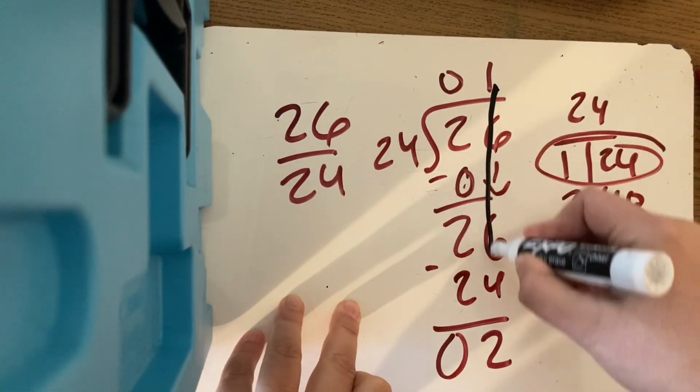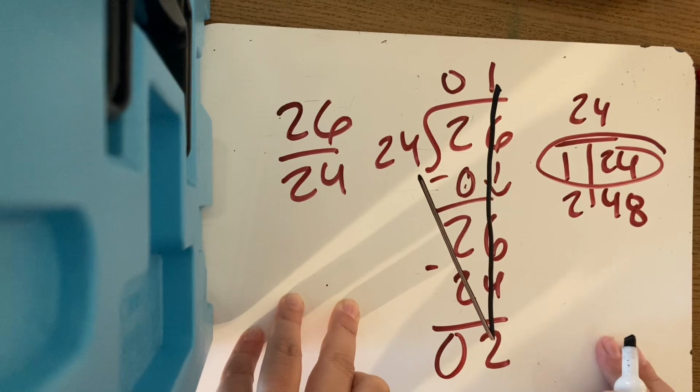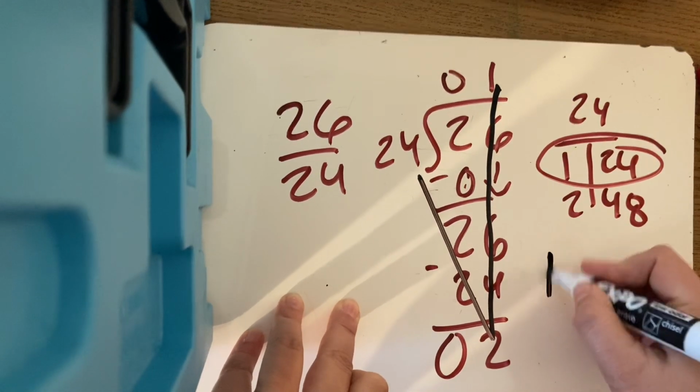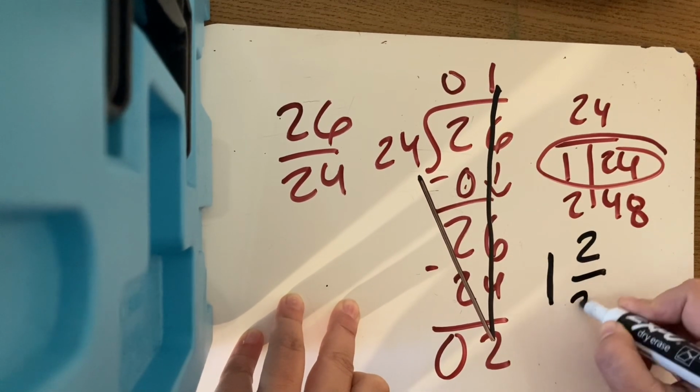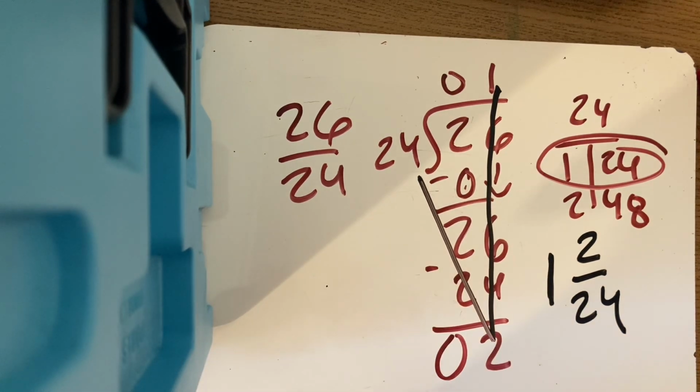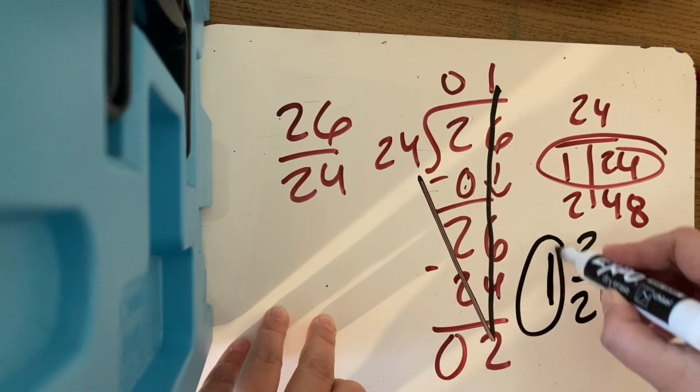So now I make my check. So my answer here is going to be 1 and 2 over 24. So don't forget, this is another whole number.